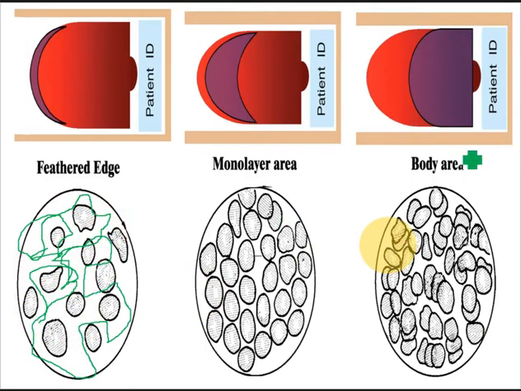Whereas your body area, all of the cells are clumping together, so many cells, so little space. Whereas in your monolayer area, as you can see, the cells can be seen singly, guys, with an equal distribution of space and cells.